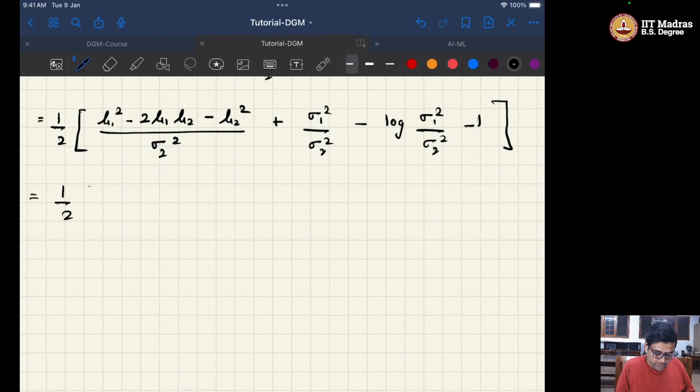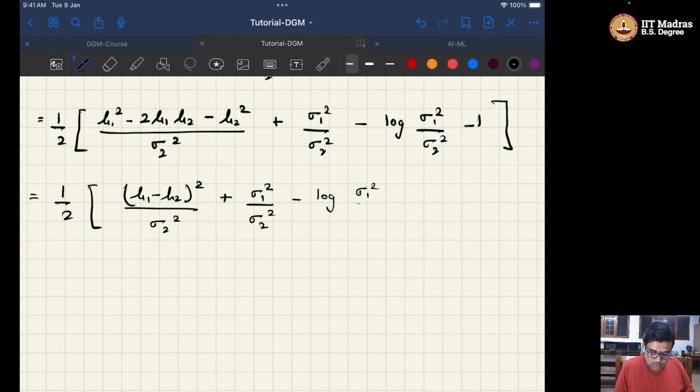Now what is this? This is half of mu 1 minus mu 2 whole square, divided by sigma 2 square, plus sigma 1 square divided by sigma 2 square, minus log of sigma 1 square by sigma 2 square, minus 1.